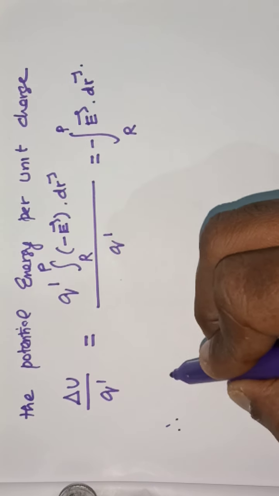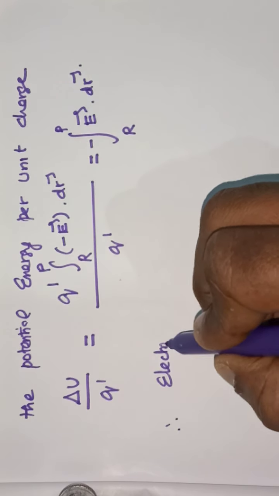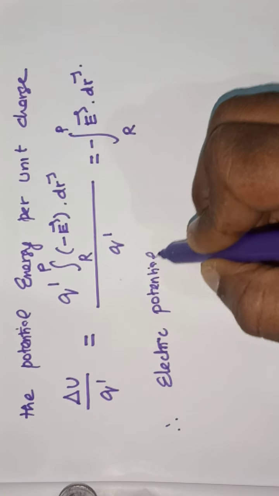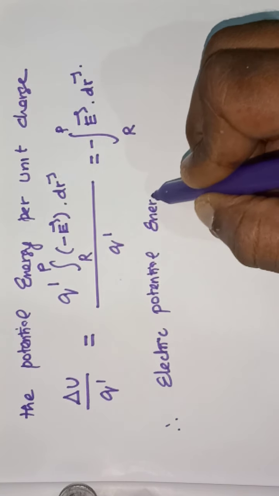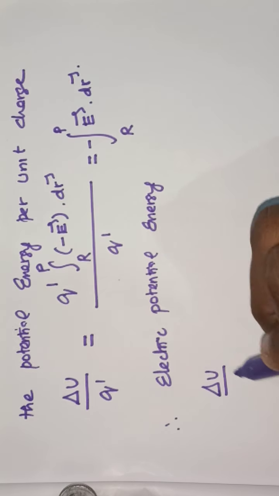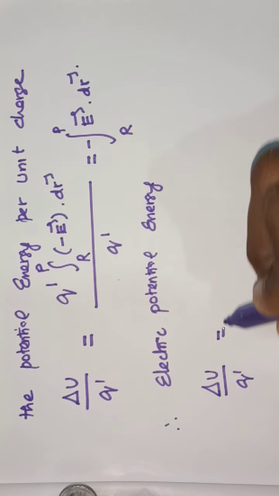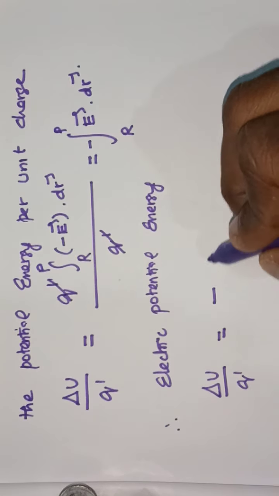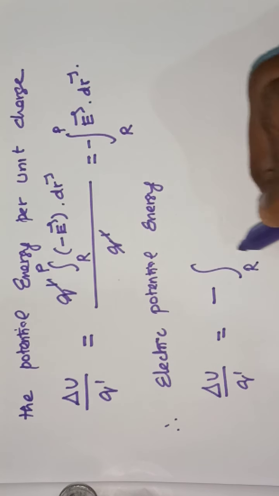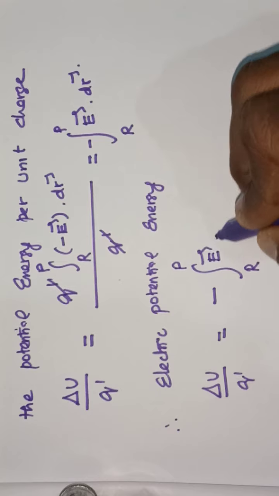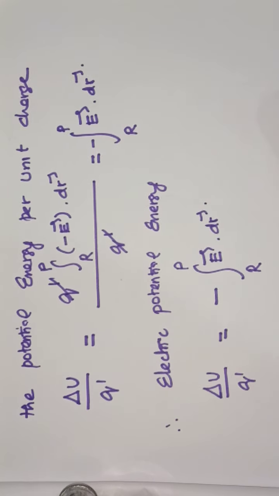Therefore, the electric potential energy per unit charge, delta U by q dash, is equal to, as these two values cancel, minus of integral R to P E vector dot dr vector.